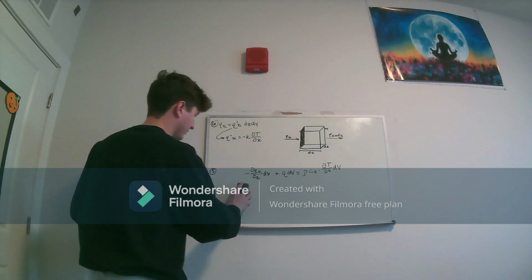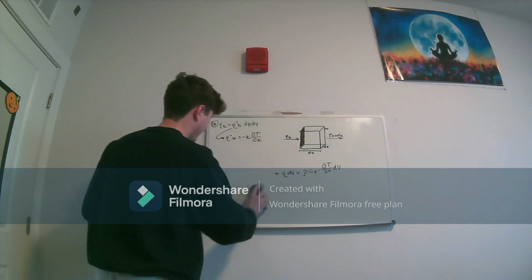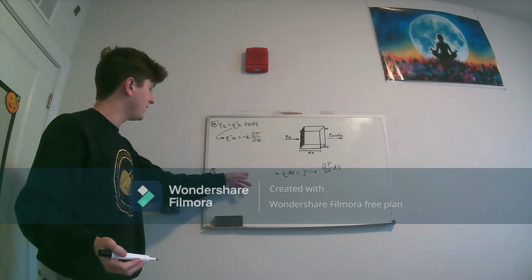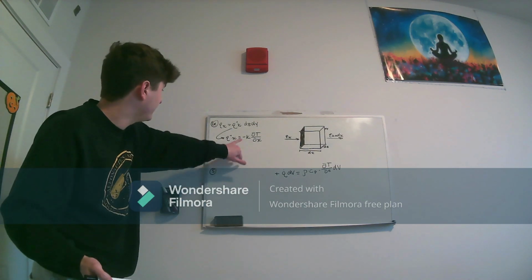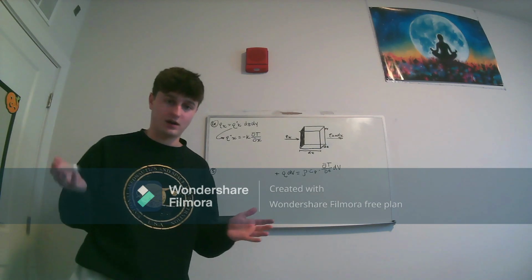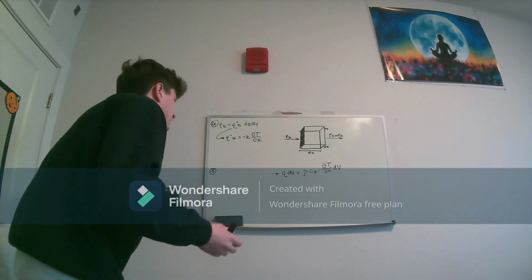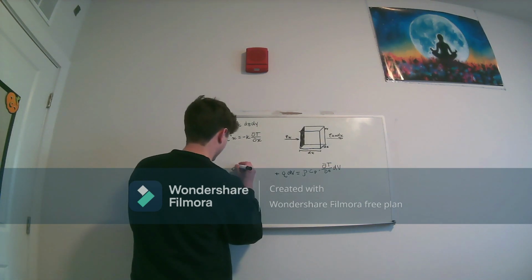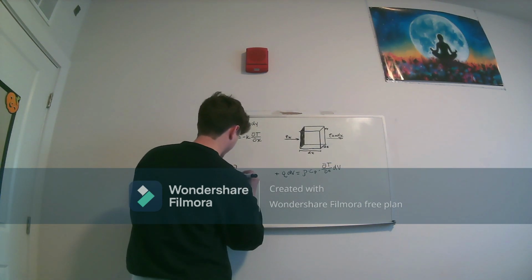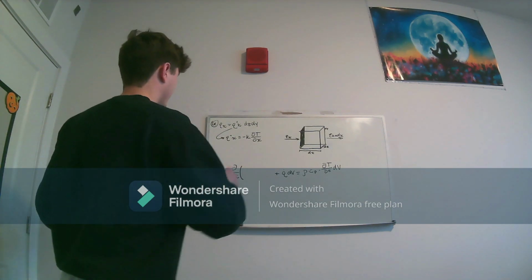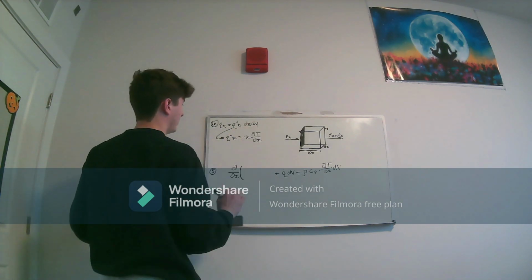So now what we can do is a little bit of erasing, and we have this negative out here in front. We also have this negative up here, so that's going to create a positive. So what are we going to be left with? Now that we pulled out that q of x term, we're going to have this partial derivative term right here, and then inside, we're going to have this term right here multiplied by dy dz.